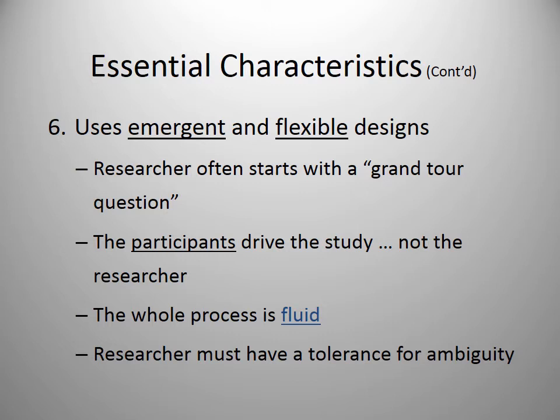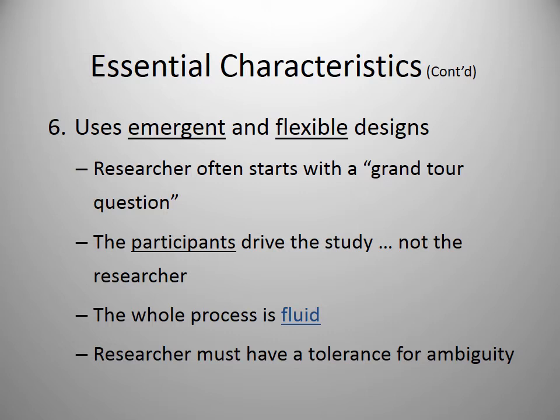So I have talked about this grand tour question in the past, but just as a reminder, the grand tour question would be one real broad question that the researcher might start out with, and then depending on what the participant says and answers, they build off of that.